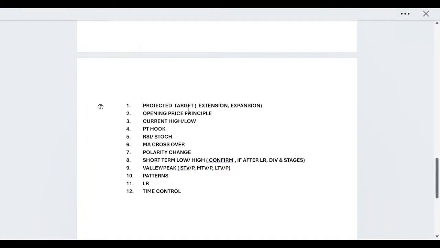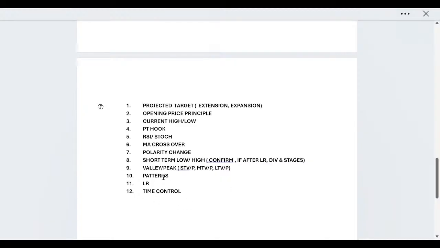Then as a trader you need to check all this. Opening price principle, I will explain what it means. Then current high and low. Then a PT hook, I will tell you what a PT hook means. Then the RSI, stochastic, moving average, crossover, polarity change. Then a short term low high confirmation.